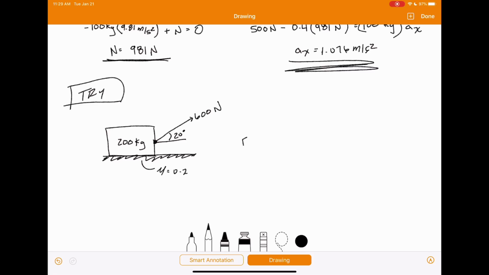All right, and go ahead and find again that acceleration in the x direction. Work that out, and then you can check your solution with the PDF. It'll be number 2. All right, and that's pretty much all we have for force acceleration.